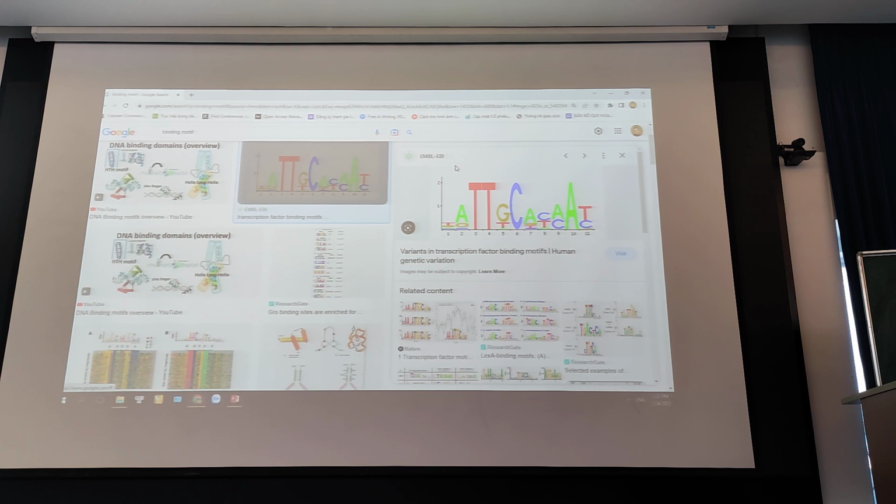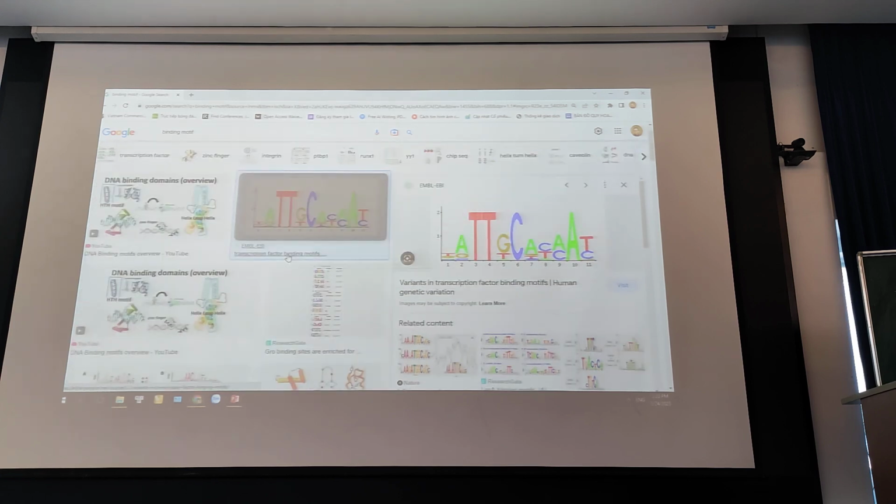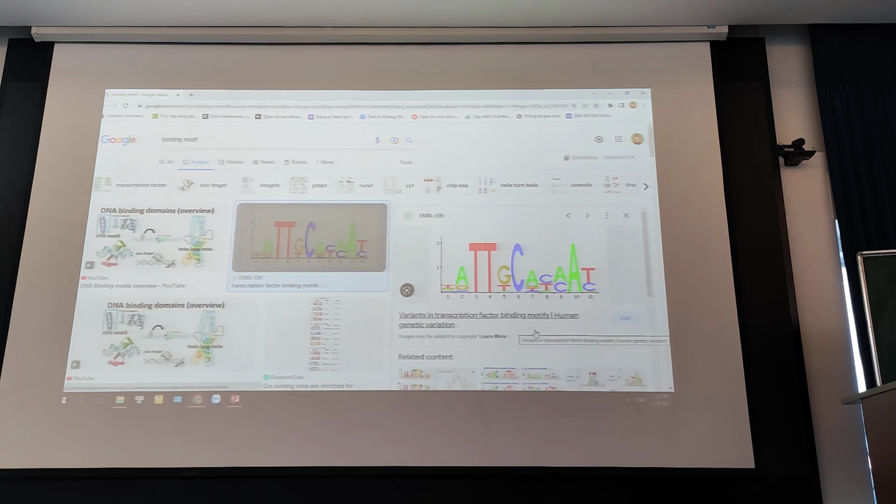Okay, so some of you are still wondering about the motif binding of the transcription factor. So for example, here I have a motif binding of a transcription factor. Normally the motif binding is around ten nucleotides. That's the typical length for a motif binding.